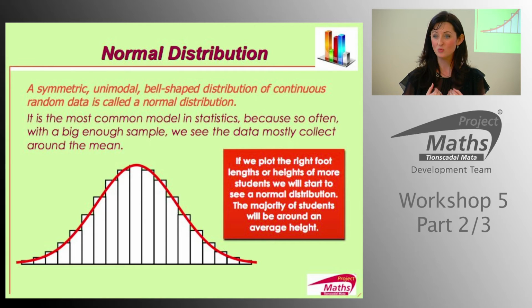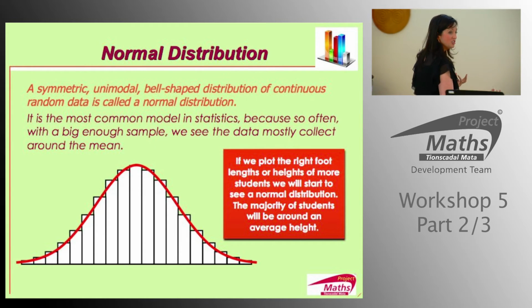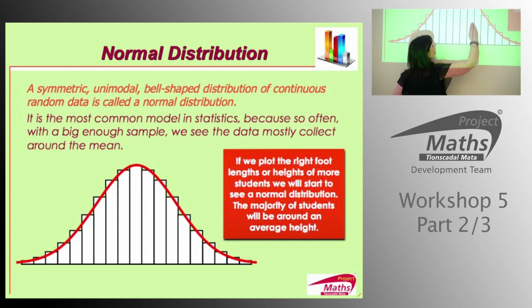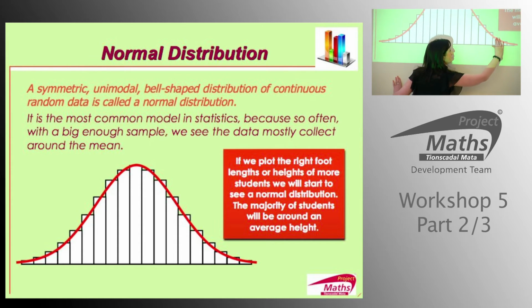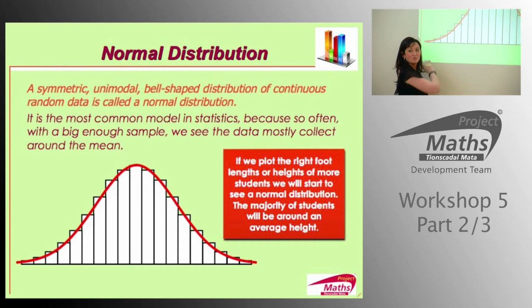All that means is we expect most people to be in and around the average height, with a few people that are exceptionally tall and a few people that are exceptionally small. So you see this in lots of situations. Most people are around the average, some people exceptionally tall, some people exceptionally small.